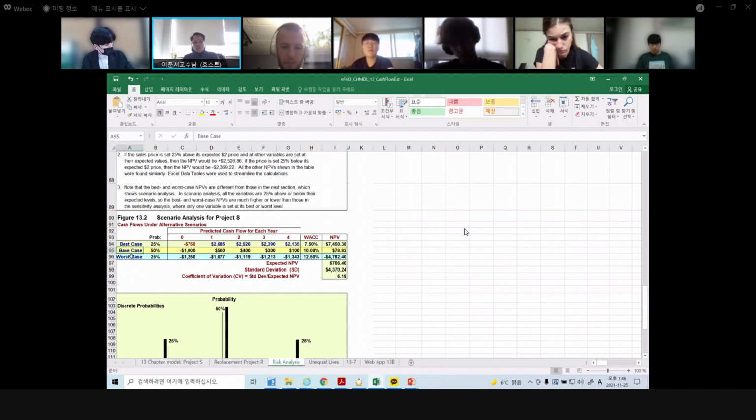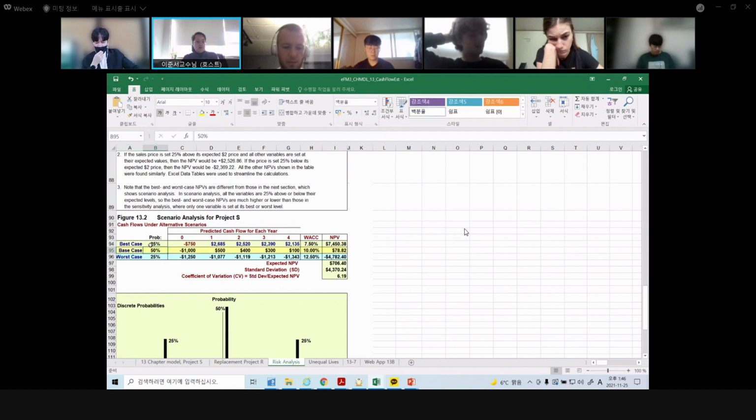Then we can set the probability that each case occurs. Definitely the probability that the base case scenario is realized is the highest, right? So we set a 50% probability that the base case scenario can happen.